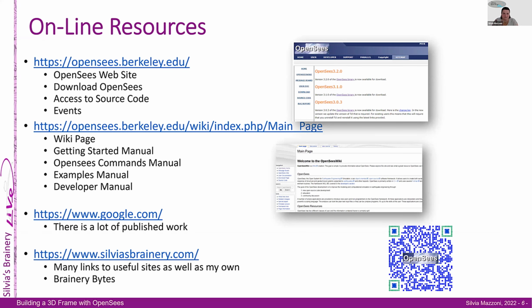There are lots of online resources. There's the OpenSees website. There's the wiki page, okay? In the wiki page is the examples manual that I wrote. There's a command language manual, and there's the examples manual that I wrote 10, 15 years ago.